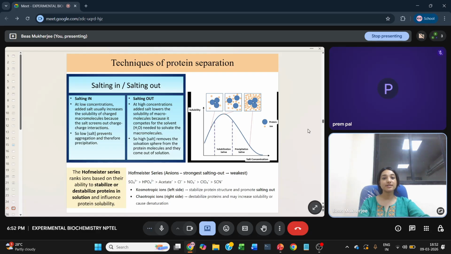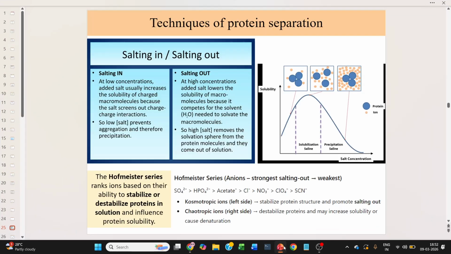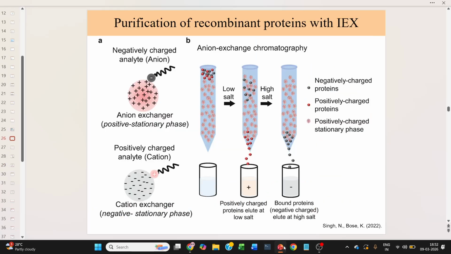Okay, and then as you go down the series, the salts on the right are called chaotropes, and the salts on the left are called kosmotropes. They stabilize protein structure and promote salting out, and the chaotropes destabilize the proteins and may increase solubility or cause denaturation. Okay, so these are the different strategies of salting in and salting out.